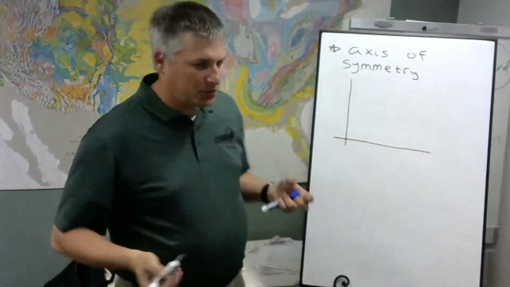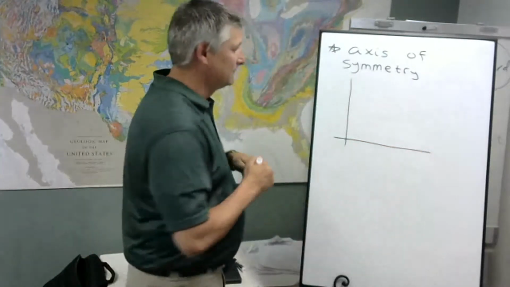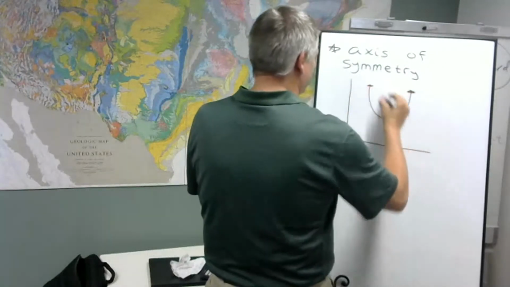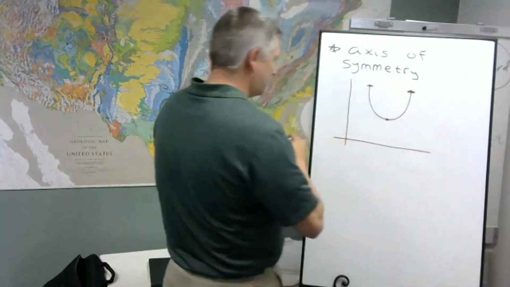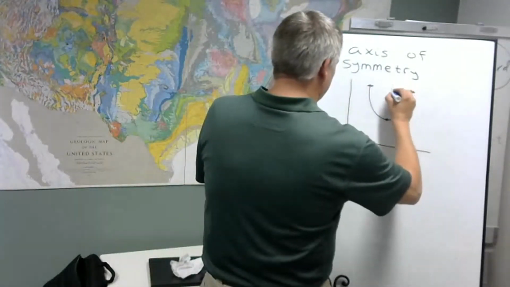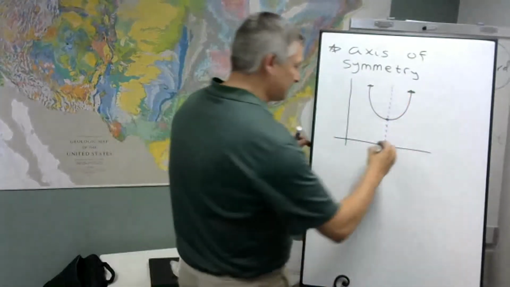An axis of symmetry cuts a parabola in half down the middle. So if you have a parabola, say, floating around like this, with a vertex, if you cut this parabola in half, you're going to cut right through that vertex.